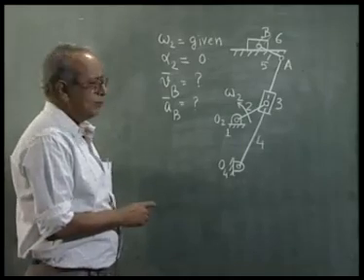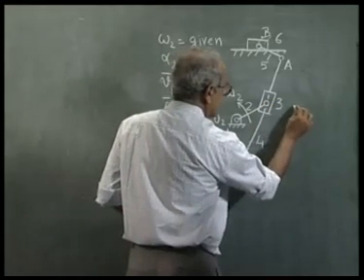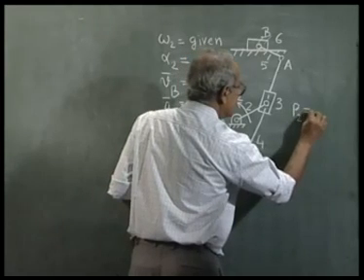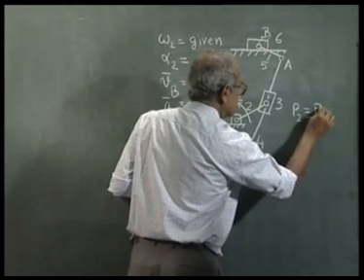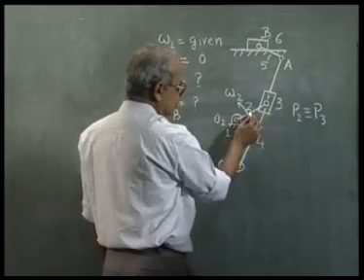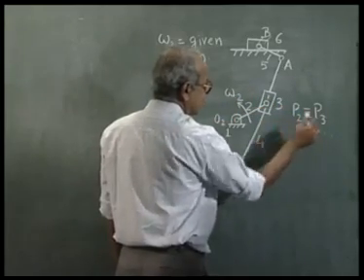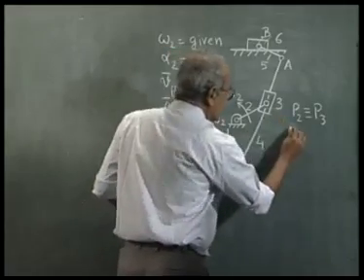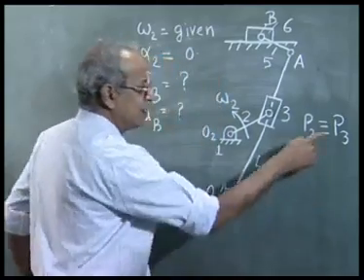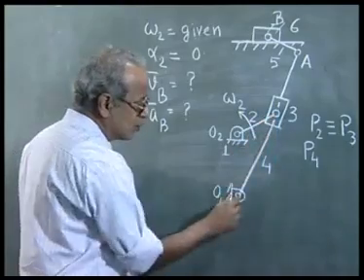To solve this problem, let me first identify 3 coincident points at this block center. P2 that belongs to link 2, which always remain coincident with point P3, which belongs to the block. P2 belongs to link 2, P3 belongs to link 3, but they always remain coincident, so I can write them to be the same point. We consider an instantaneously coincident point P4, which at this instant is here where P2 and P3 are, but P4 belongs to link 4.